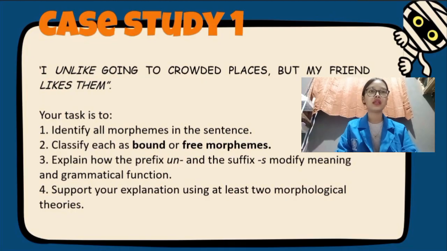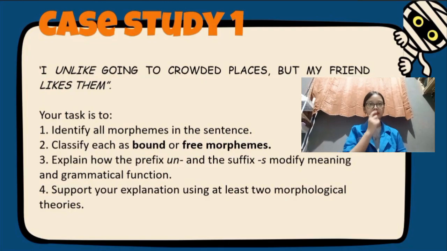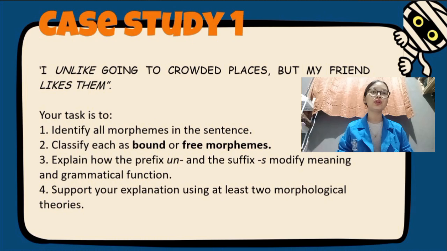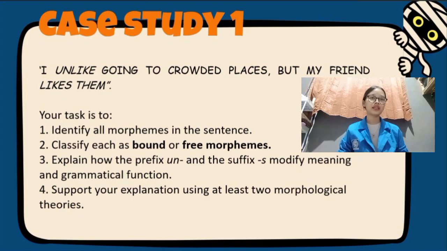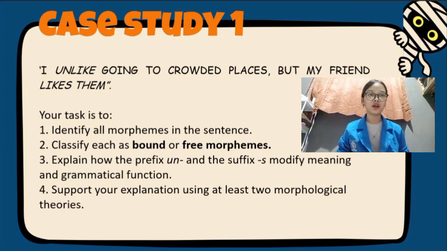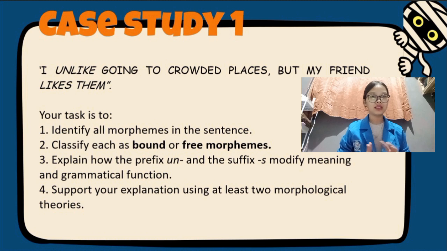case study section. In case study 1, we have this case: I unlike going to crowded places, but my friends like them. The tasks: number 1 is identify all morphemes in the sentence. The second is classify each as bound or free morphemes.